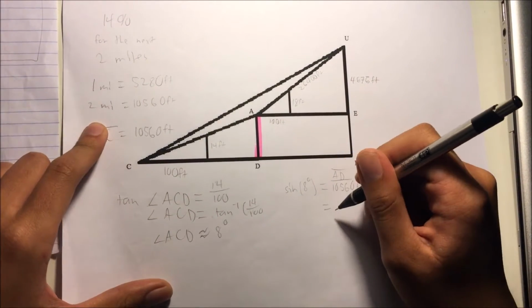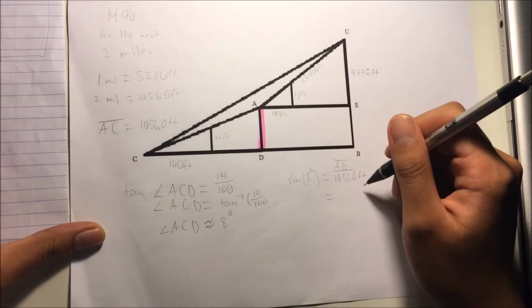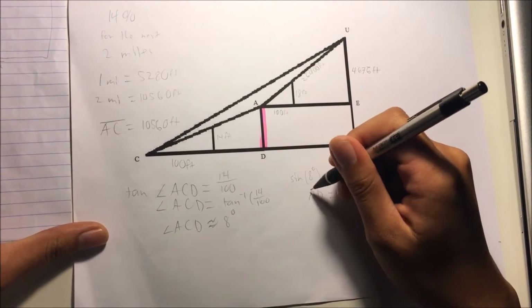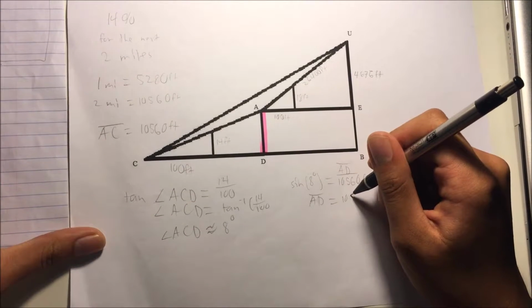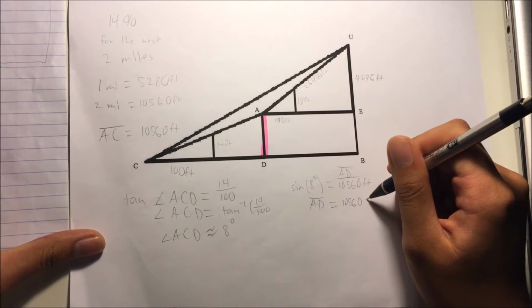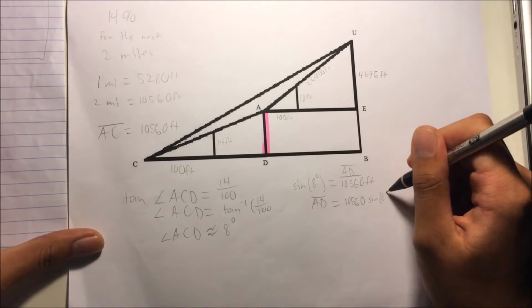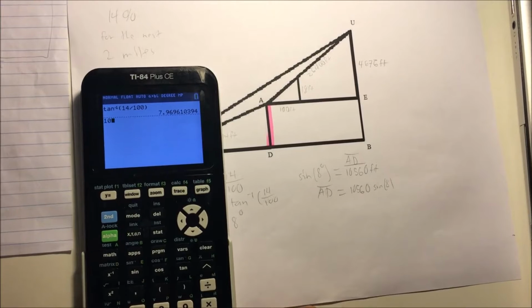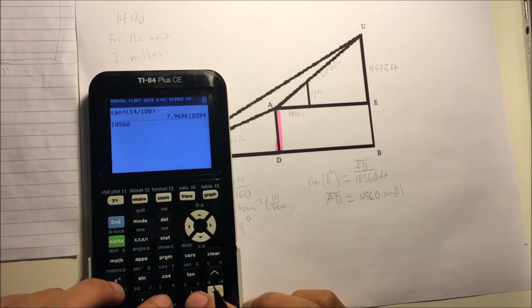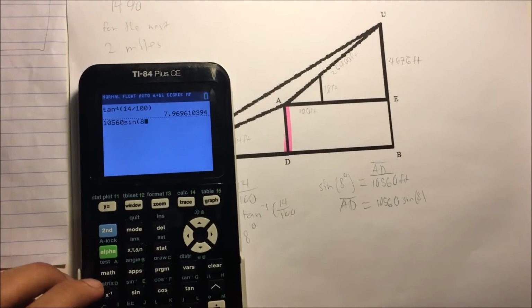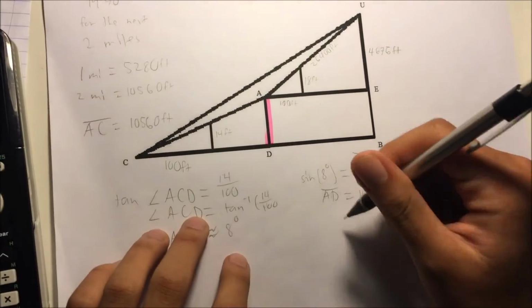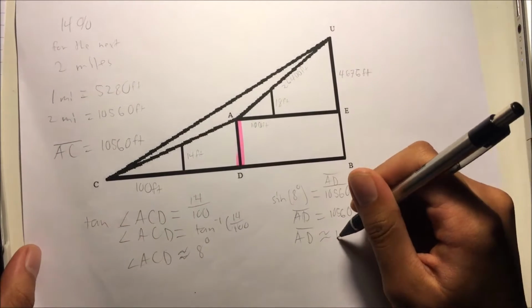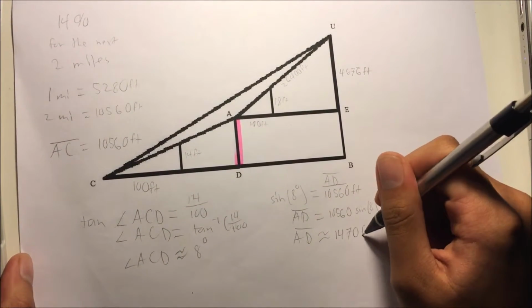Now we multiply both sides by 10,560 feet, and if we plug that into the calculator, that gives us roughly 1,470 feet.